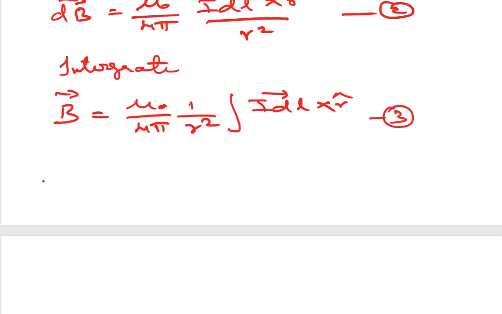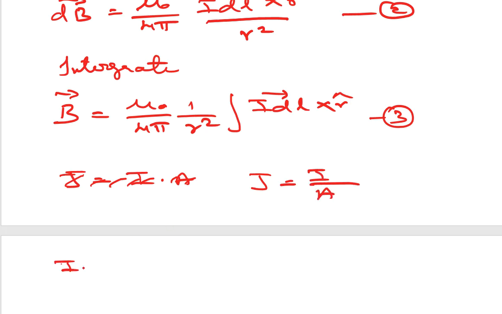We know that the current density J equal to I by A, and I equal to J into A. Sorry guys.